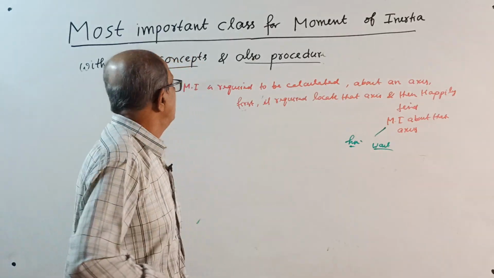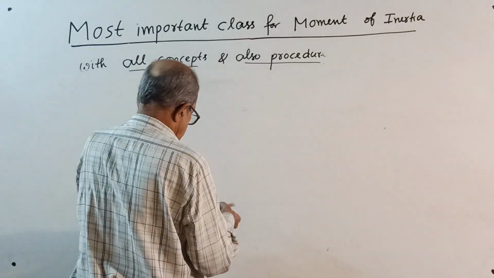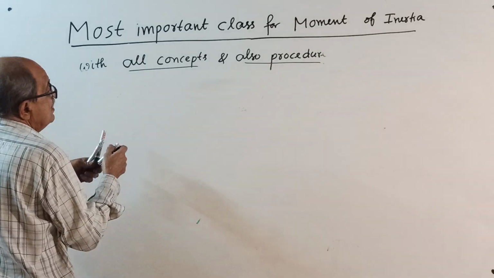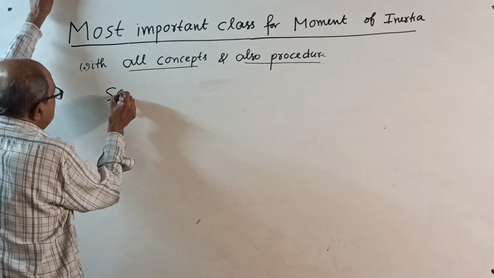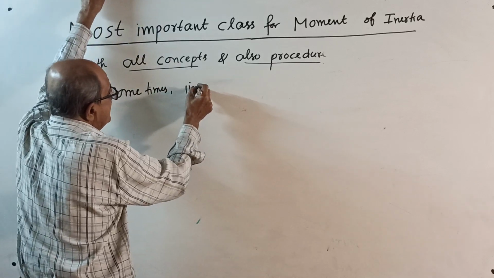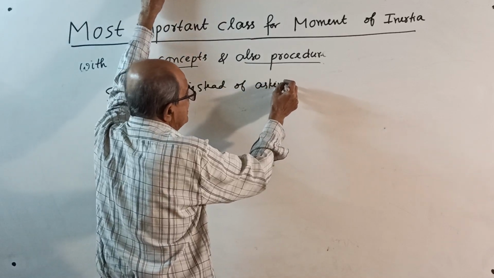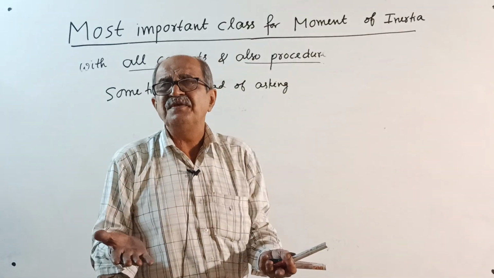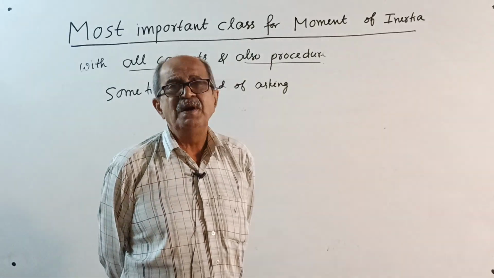Okay. Now, why am I telling this? Because sometimes, I'll write here now, black color will do. Sometimes, instead of asking moment of inertia, there is an examination question. Whenever I am telling asking, if you are doing structural design, you know it is required. Suppose you are designing a column, you require radius of gyration. Nobody is asking you.